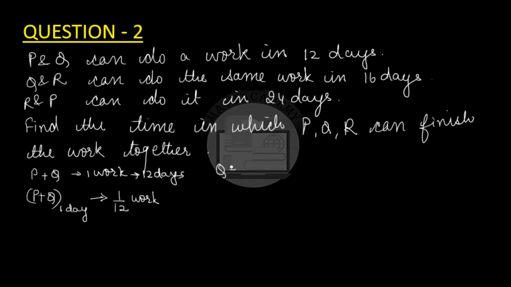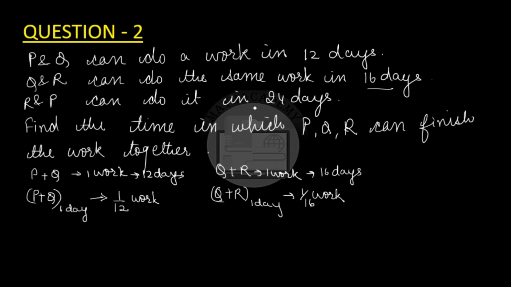Similarly, Q plus R finishes one work. Q and R can do the same work in 16 days. So the work done by Q and R in a unit time, or 1 day, is 1 by 16. And R and P can do the work in 24 days.